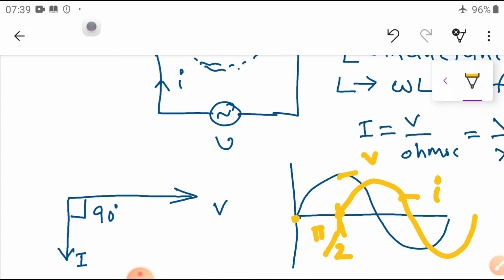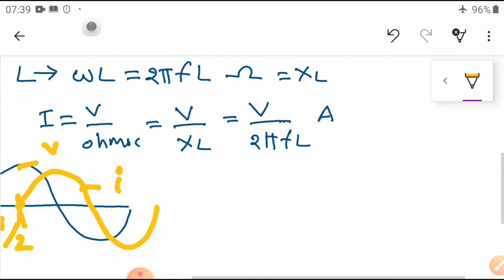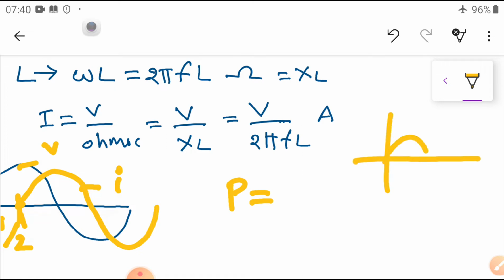Okay, the pure inductance. Now, at the same time you can observe one thing, what is the power consumed by our inductive load. During the positive cycle, whatever power is taken from the line establishes the magnetic field and stores it as half L I square. Energy stored in an inductor is half L I square.